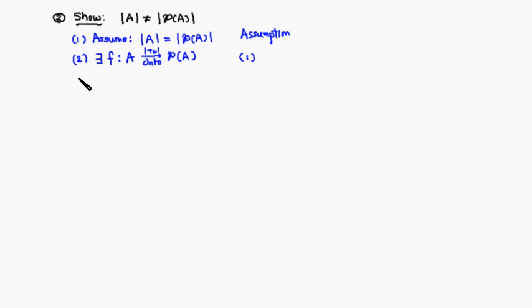So line 3: we're going to define this set S to be a collection of elements x in A such that x is not in the image of itself under the function.